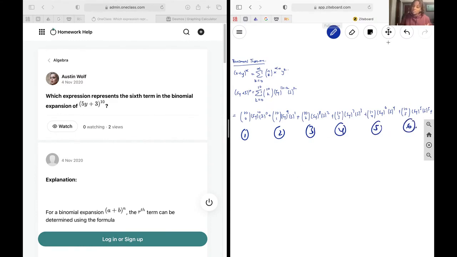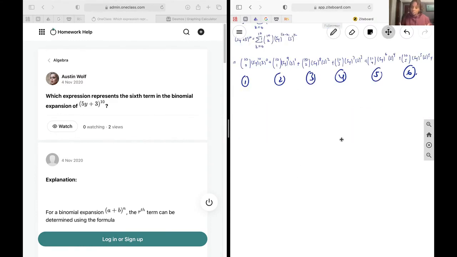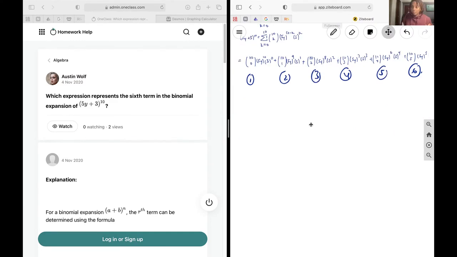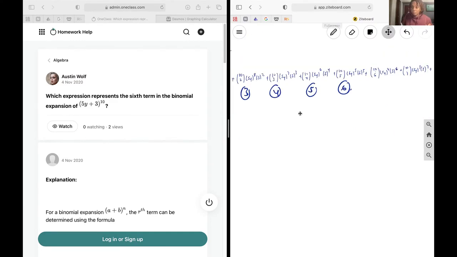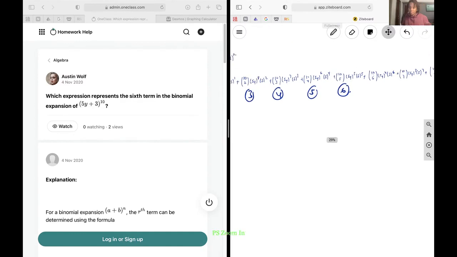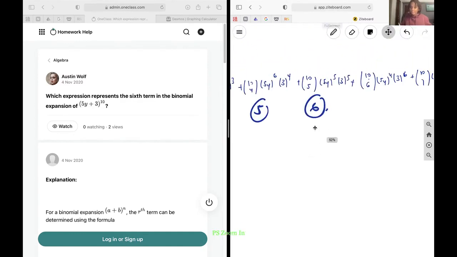So my sixth term is going to be 10 choose 5, 5y, all to the power of 5, 3 to the power of 5.